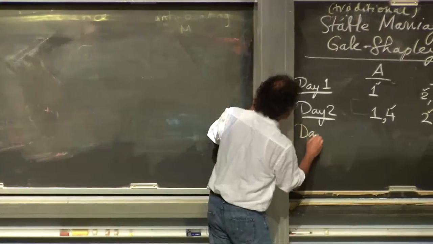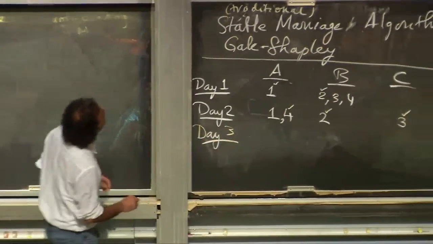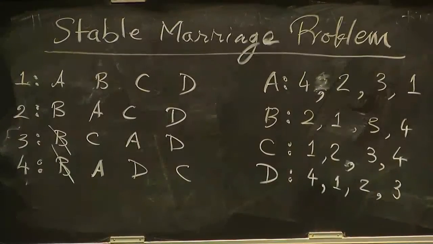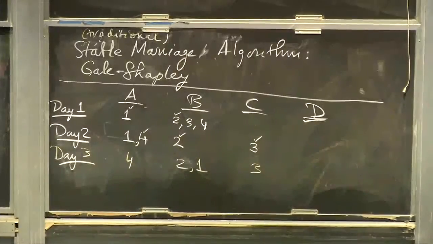So day 3. 1 crossed A off his list, and now he goes to B. Everybody else goes where they were, except for 1, who now goes here. It's not looking good for 1.